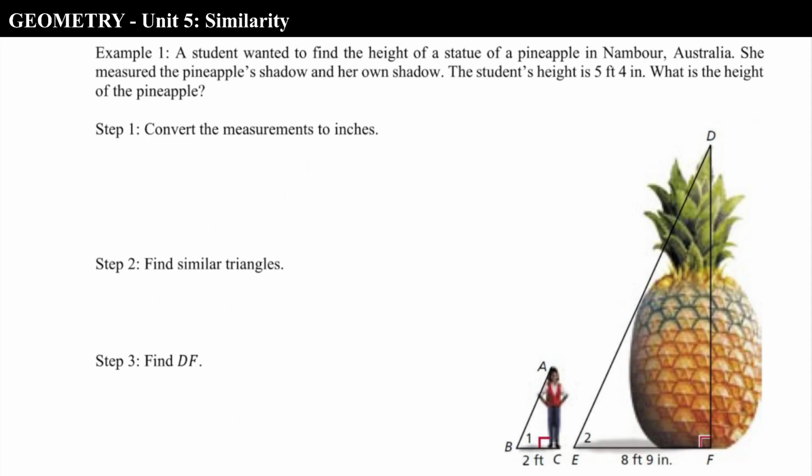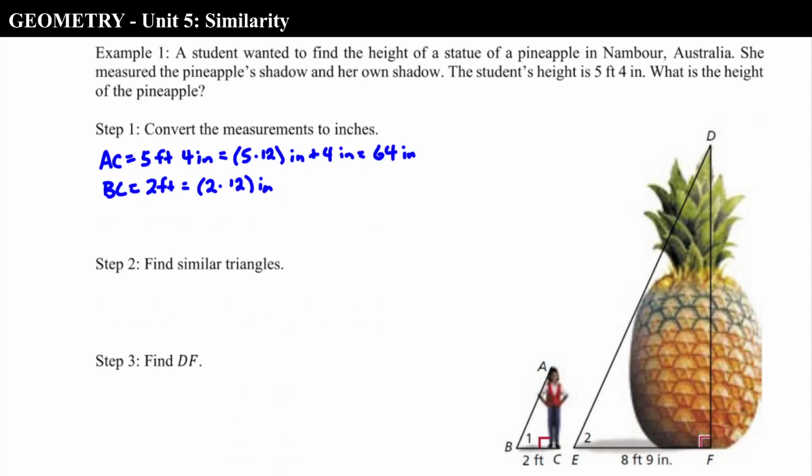Starting off, we are going to take the measure of AC and set that equal to 5 foot 4 inches.